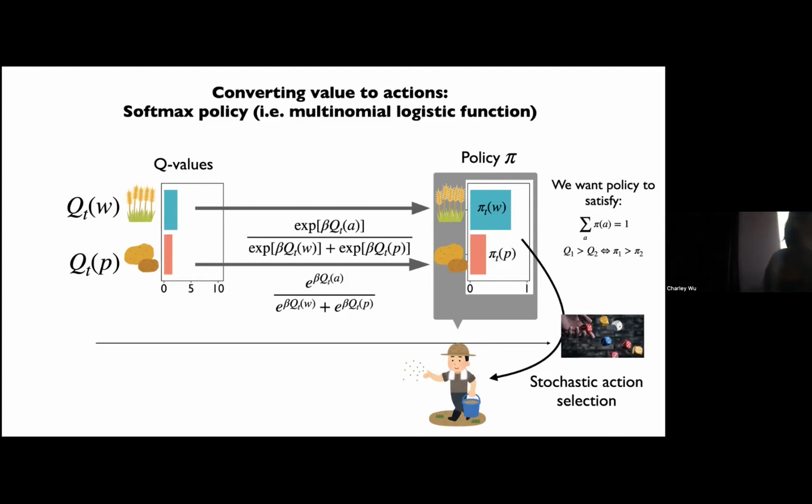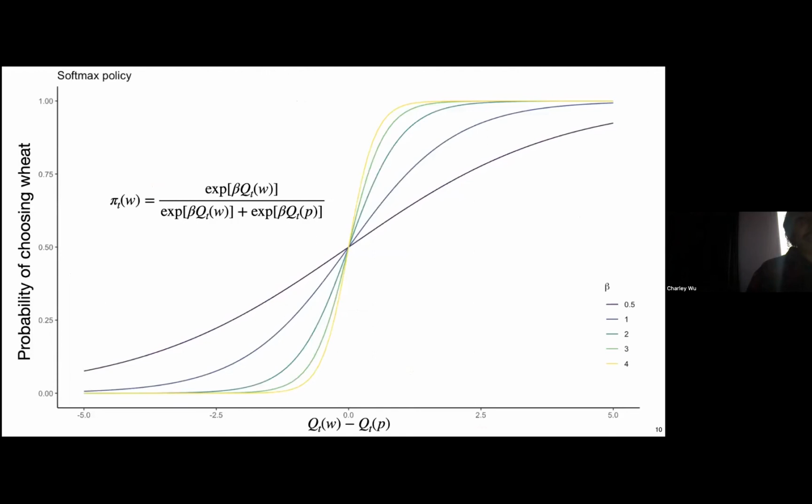This beta is often assumed in this type of model, sometimes called the inverse temperature, and it basically controls the steepness of how you react to or prefer the option with the highest Q value.